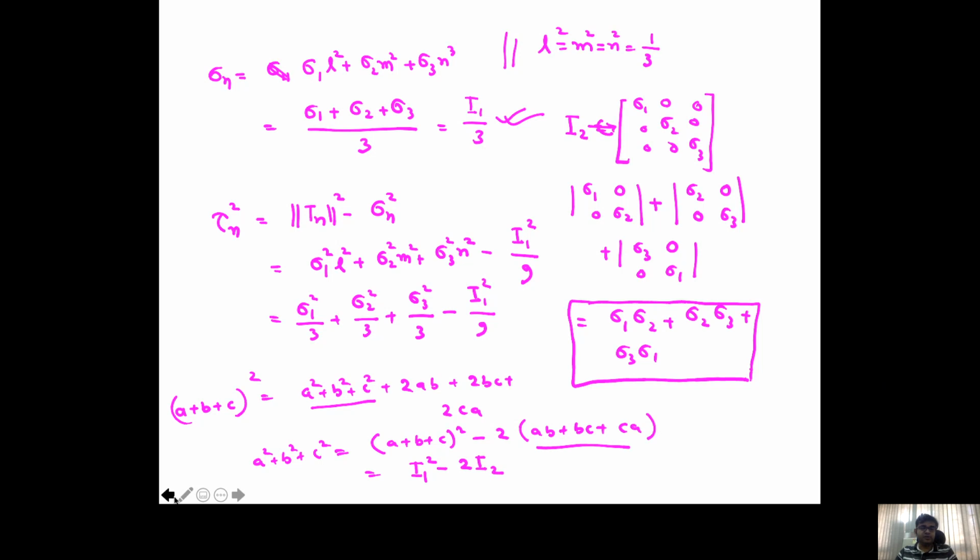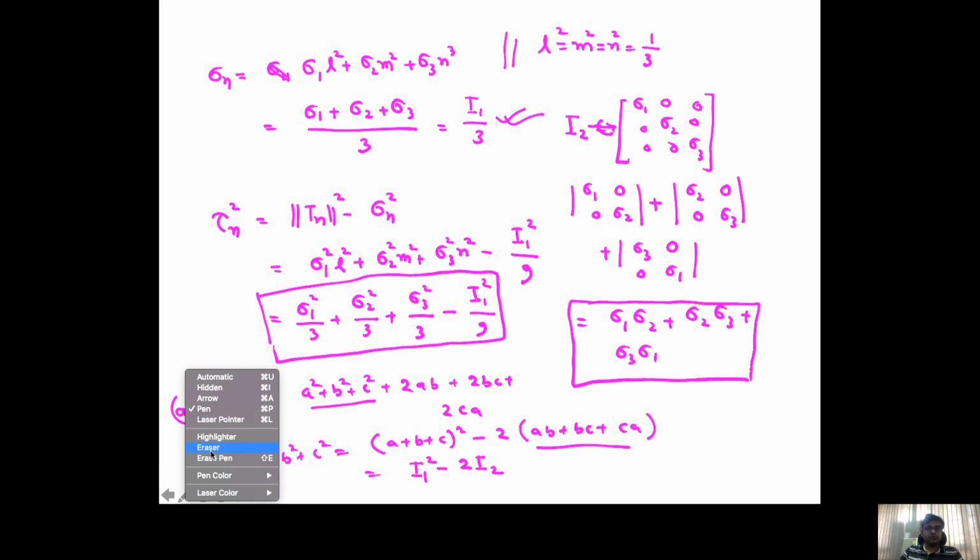Which means, let me clear up some space. Actually, I don't want to clear up this space. So we have this one, right? So let us see what we can write. So this is sigma 1 square plus sigma 2 square plus sigma 3 square. Okay, actually I can clear up the space above that, right? The bottom one I need, but this one I can remove.